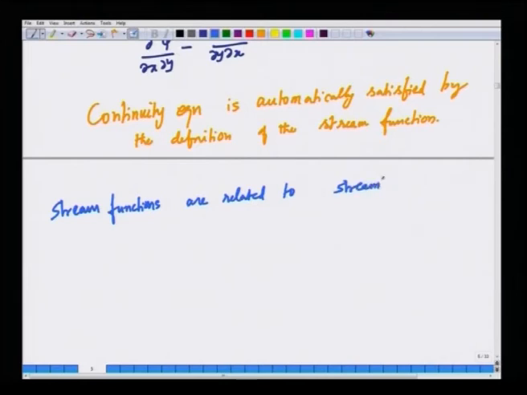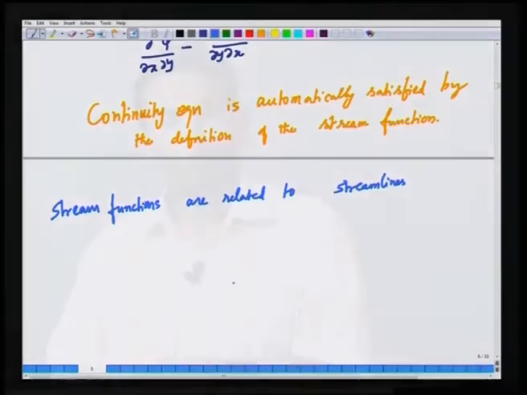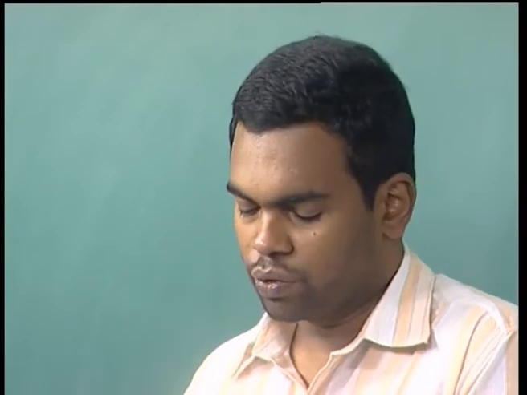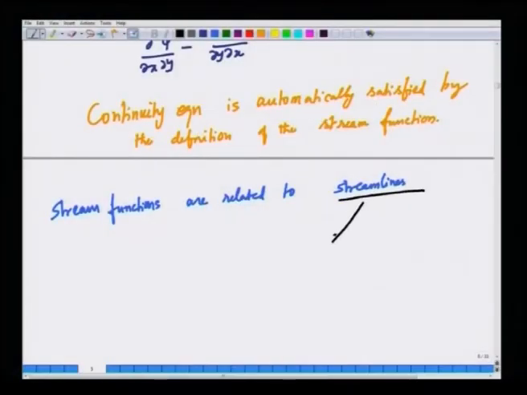We had discussed streamlines long back when we discussed fluid kinematics. Kinematics, if you remember, is a description of flow without worrying about the underlying causes of the flow, that is the forces acting on the fluid. So, there we defined streamlines as lines which are always parallel to the fluid velocity vector.